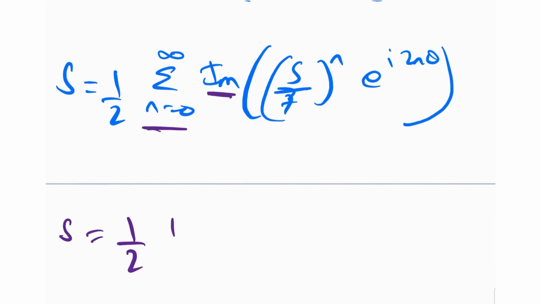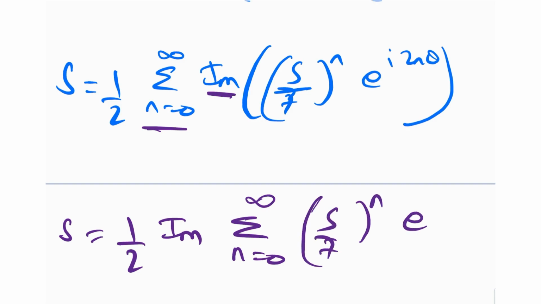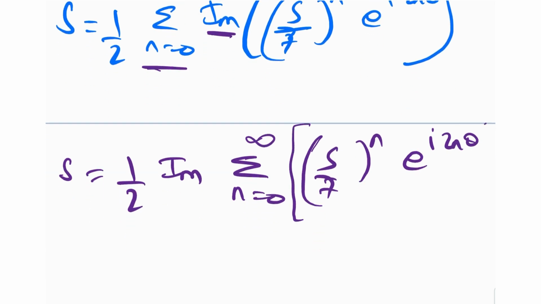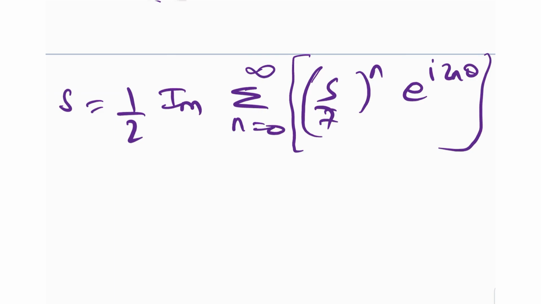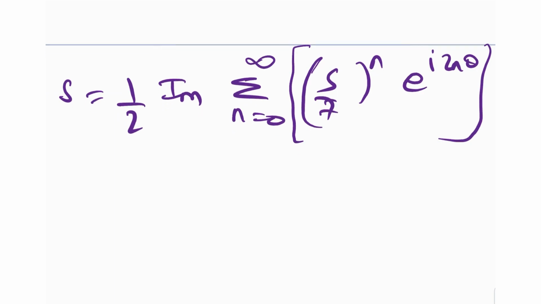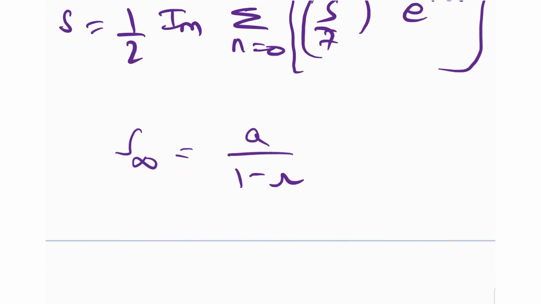So I can essentially take this imaginary part over here and send the summation inside: n is equal to 0 to infinity of (5/7)^n times e raised to the power i times 2n theta, and obviously this entire thing is in the summation. Now it's clear to see that this is a very standard geometric progression, and the infinite sum of a geometric progression is a over 1 minus r, where a is the first term and r is the common ratio.